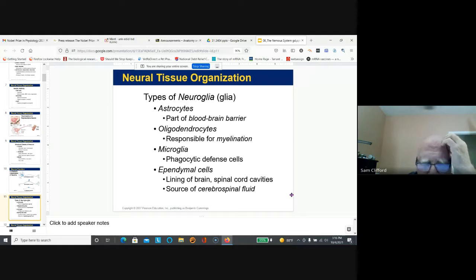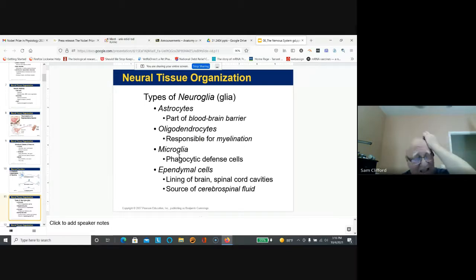What are the types of neuroglial cells? Neuroglial means nerve glue. All of these cells are very important in building the blood-brain barrier, insulating nerves in the brain with fat. That's called myelination.